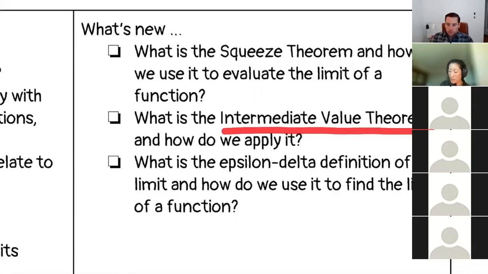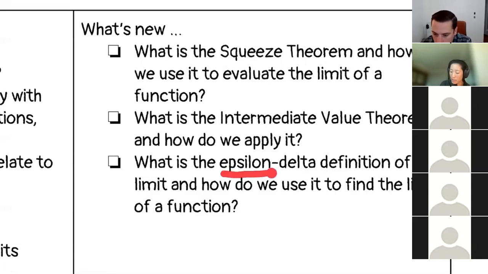The second, probably on Monday, is the intermediate value theorem. And the last, again probably Monday, is the epsilon delta definition of a limit. These are three more formal ways of looking at limits, and we're going to start with the squeeze theorem today.